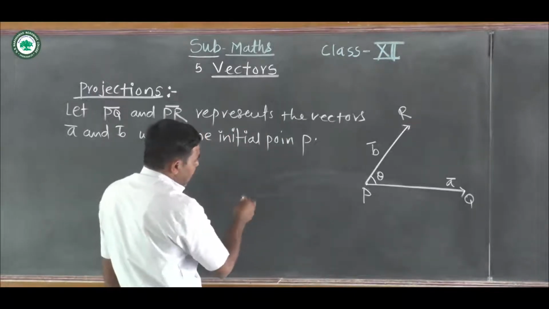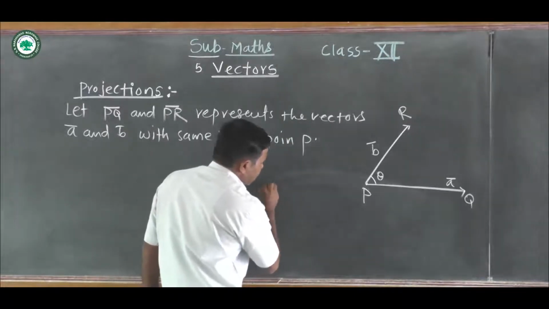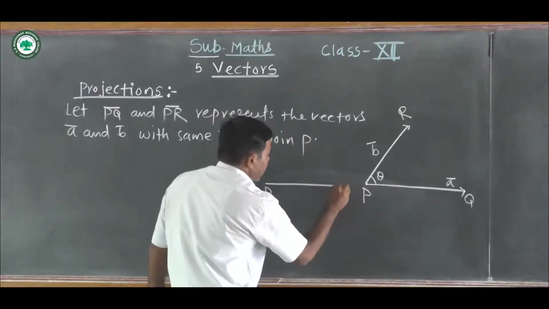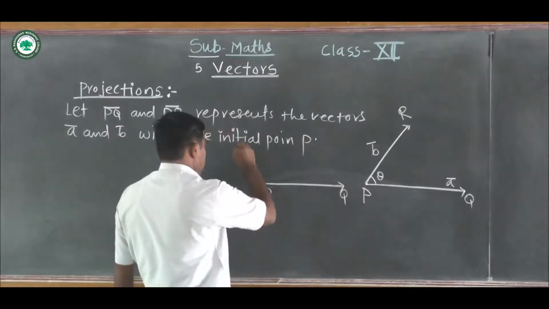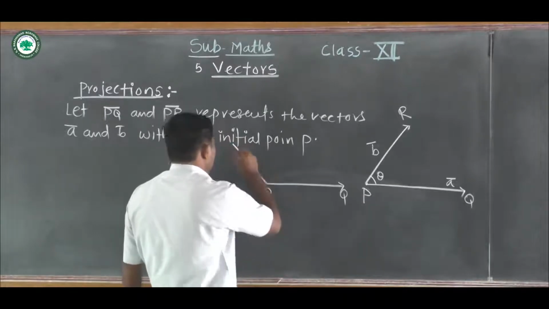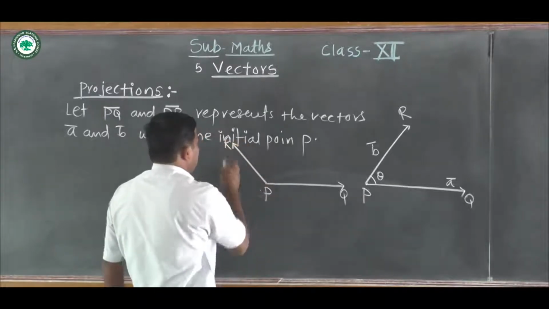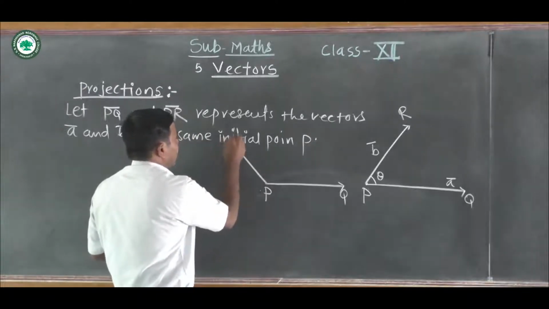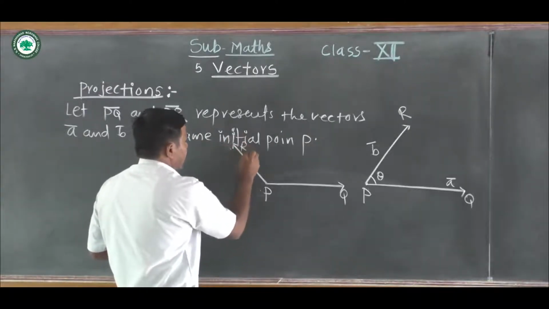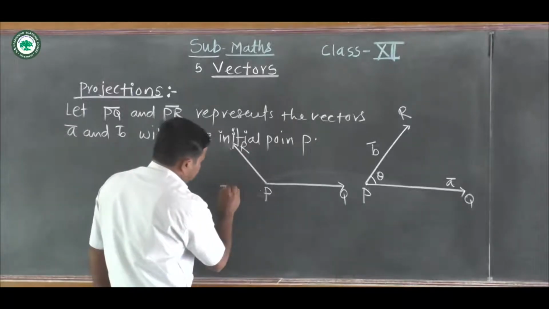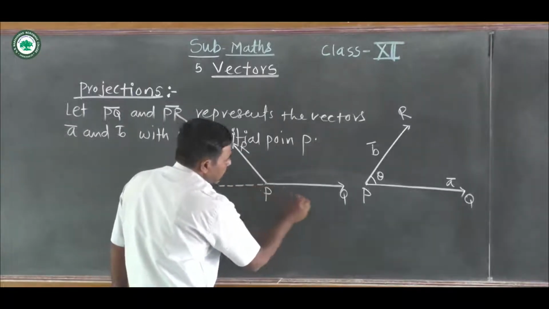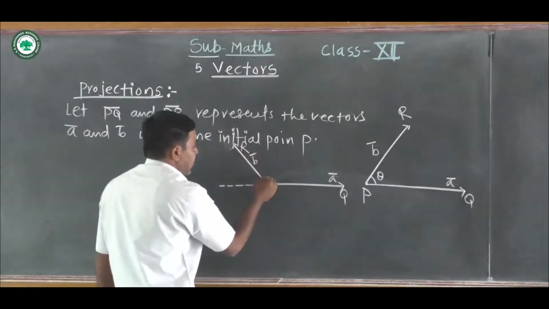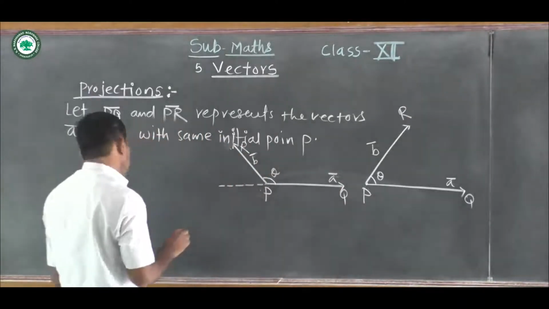Or we have another position, PQ, and if this is PR, so this is A bar, this is B bar, and this angle is theta.